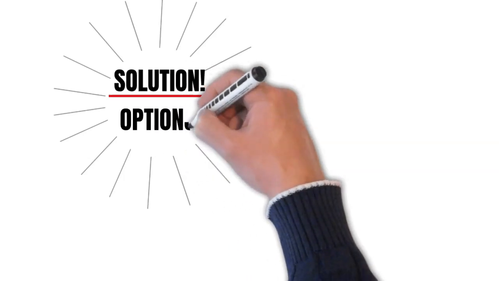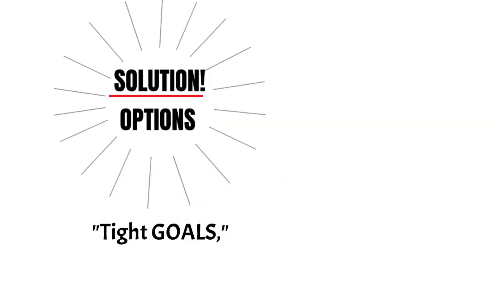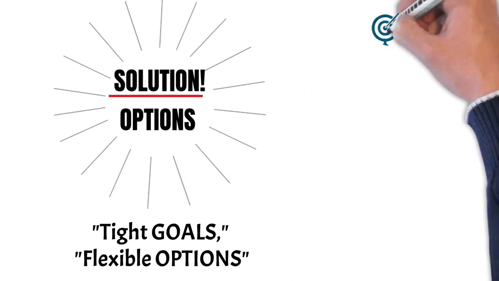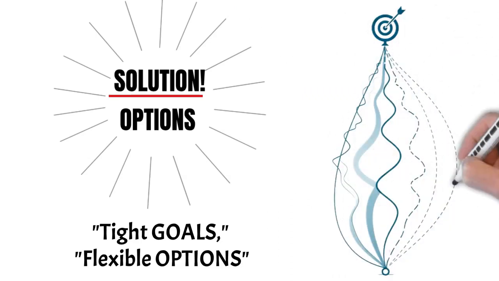The answer isn't to lower the bar, it is to offer more ways to reach it. We call this in UDL tight goals, flexible options. The goal stays firm, just like a target, but each learner can take the path that works best for them. Some might take a direct path, others may take the scenic route, but in the end, everyone gets there.